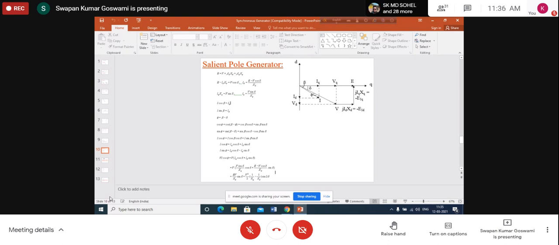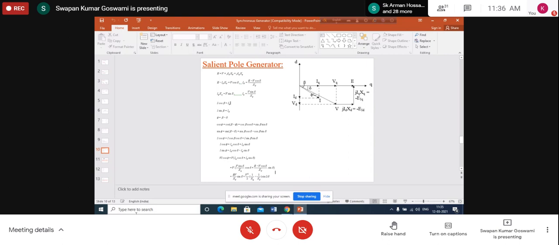Is it clear why two reactances are used? Because one reactance is not sufficient, you cannot analyze the machine by using only one reactance because of the difference in air gap.